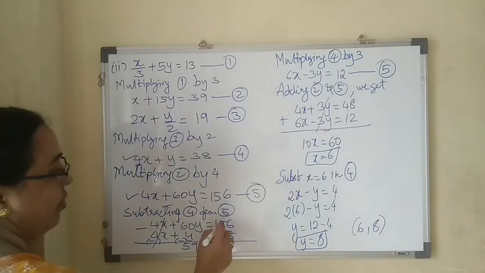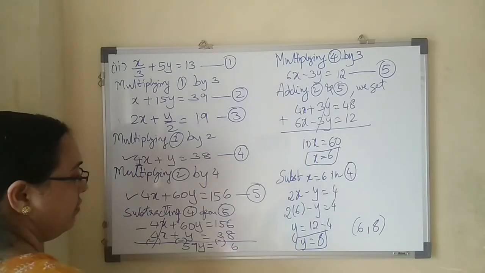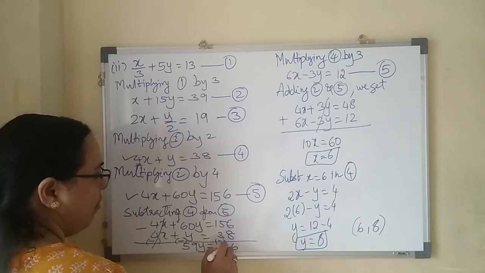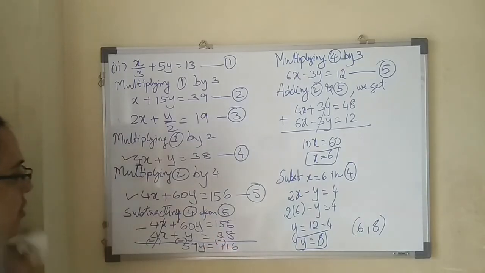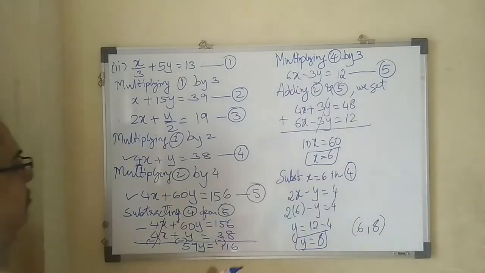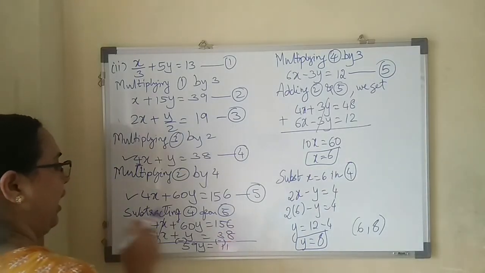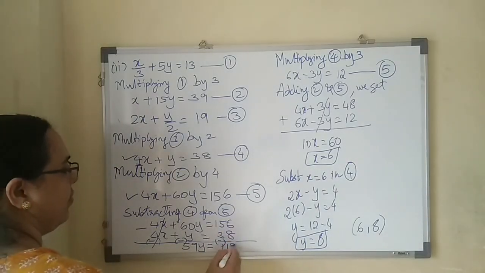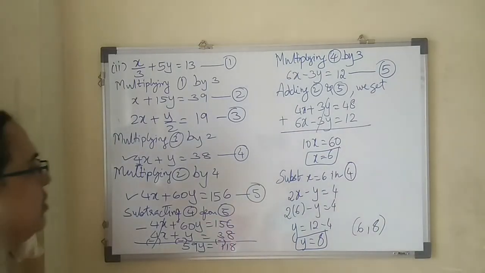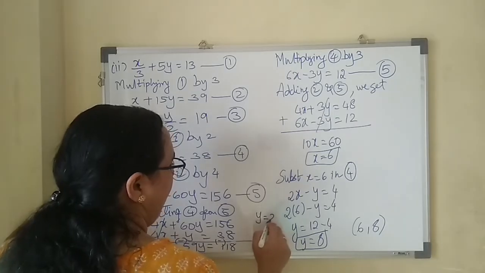What do we have here? 16 minus 8, so 4, 1, 16. Not 1, 16, I'm so sorry, it is 1, 8. Correct. So therefore you get y as 2.